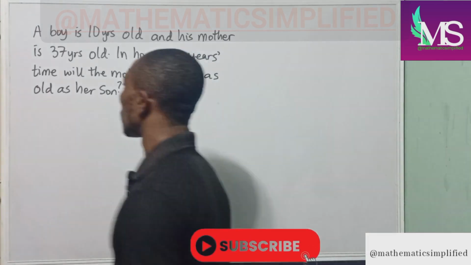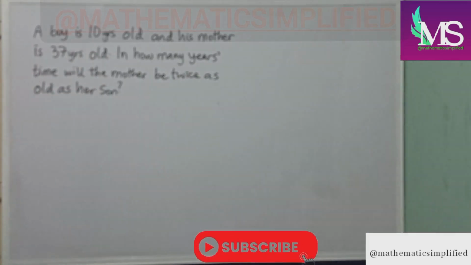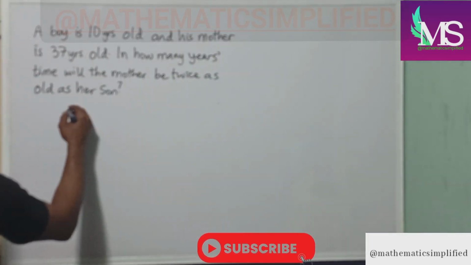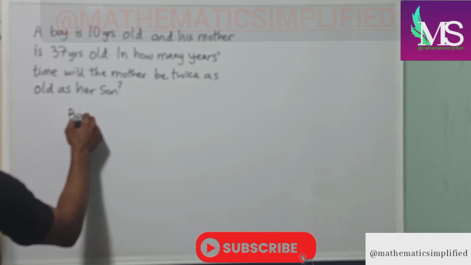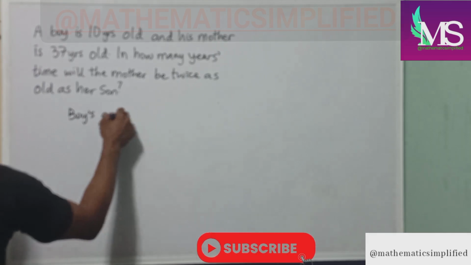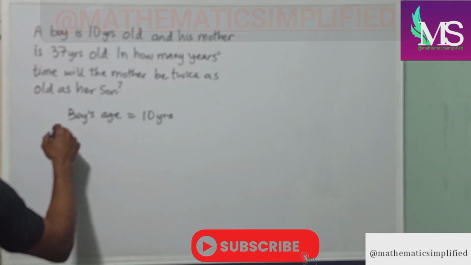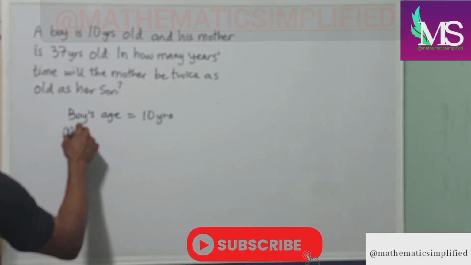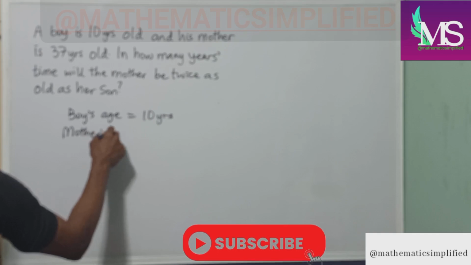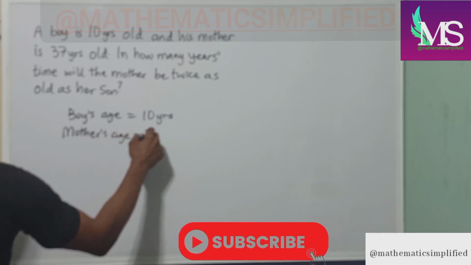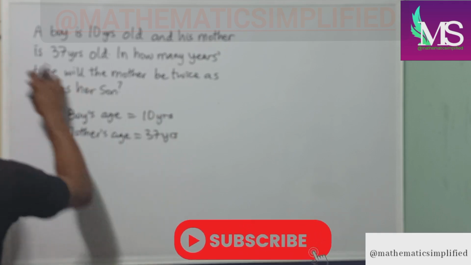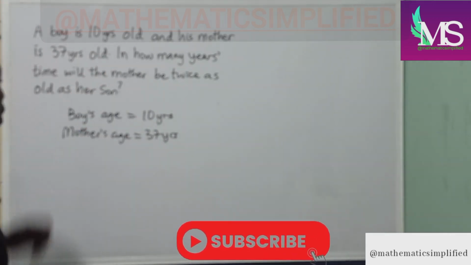Currently, we are told that the boy is 10 years old. So let's say boy's age equals 10 years and mother's age equals 37. Now, this was given from our question.